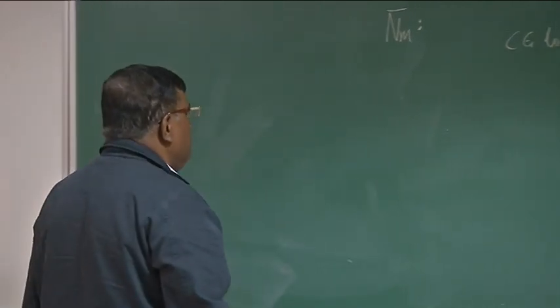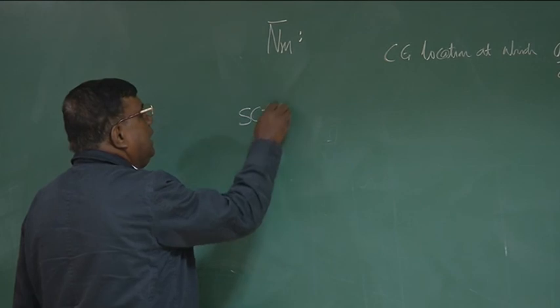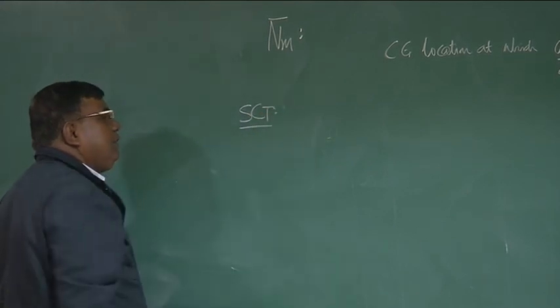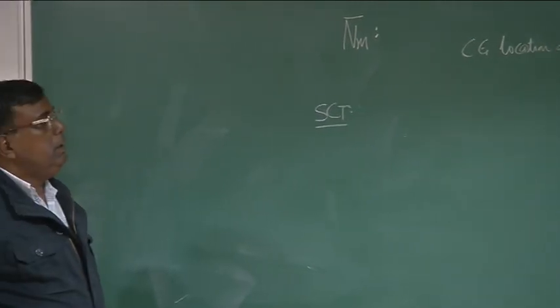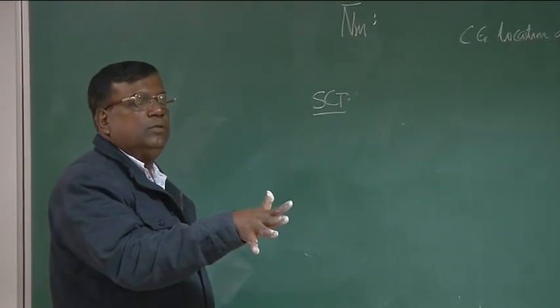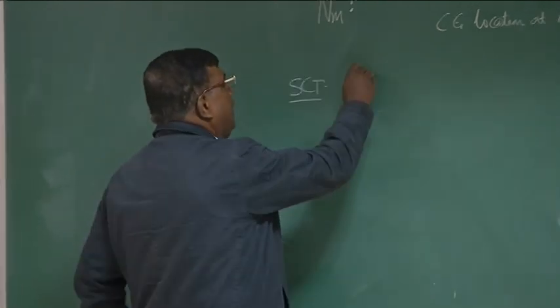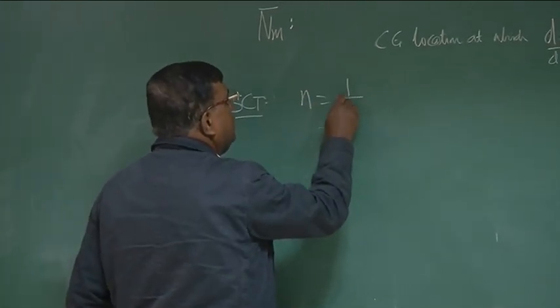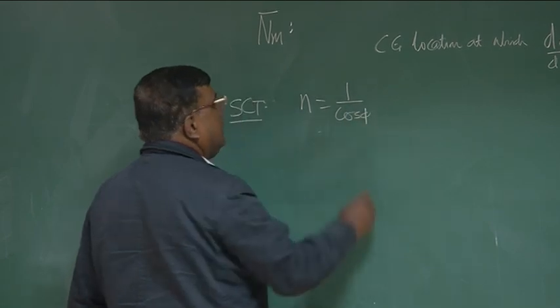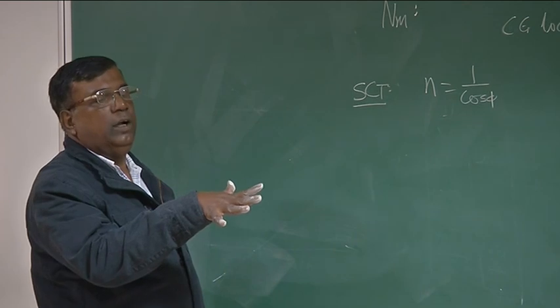Okay? We can do 2 maneuvers, but we will be actually doing the safer steady coordinated turn. And what is that? I bank the airplane and turn like this without losing the altitude. And we know in this process, the load factor is given by N equal to 1 by cos phi. So whatever bank angle I am maintaining, I am still maintaining the coordinated turn.